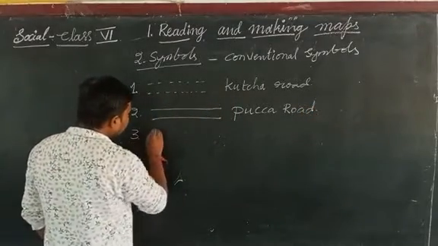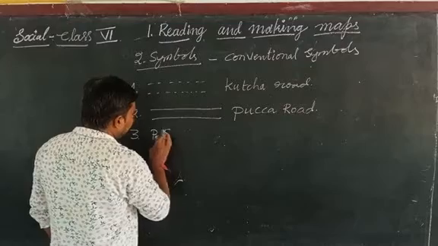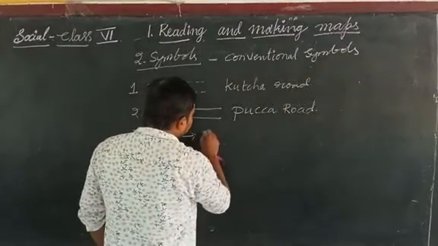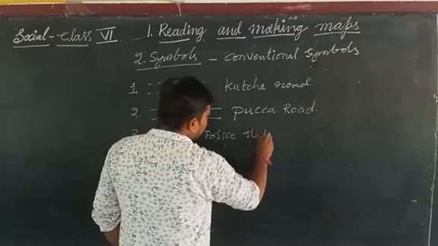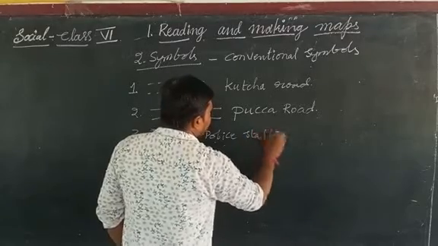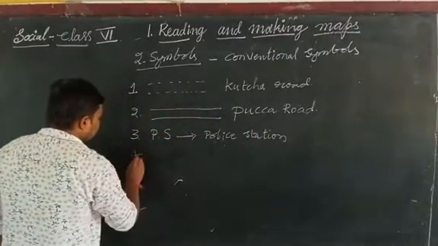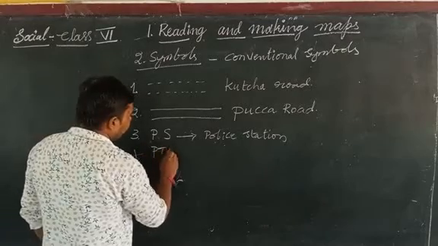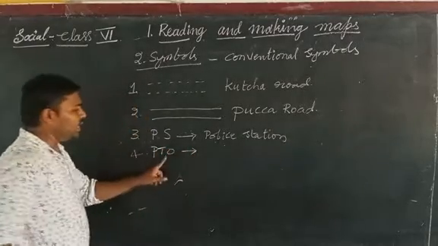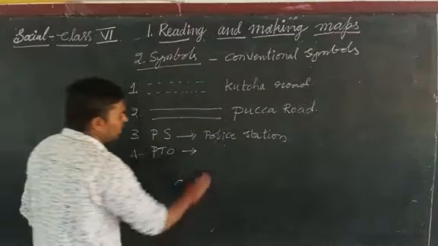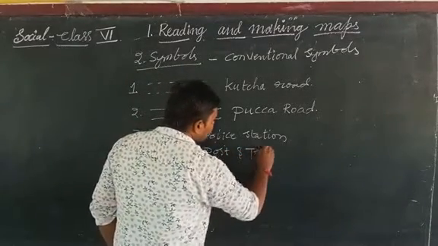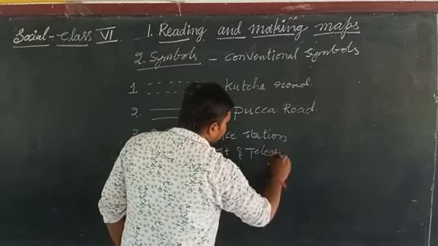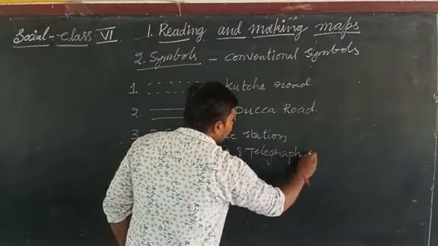And here PS means police station. If you observe PTO in the maps, it means post and telegraph office.